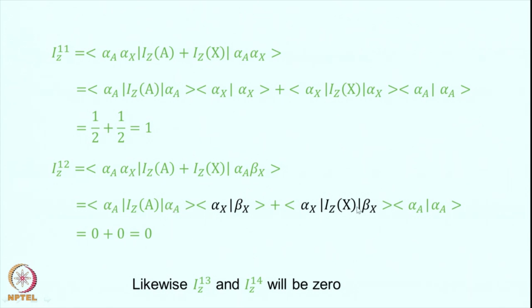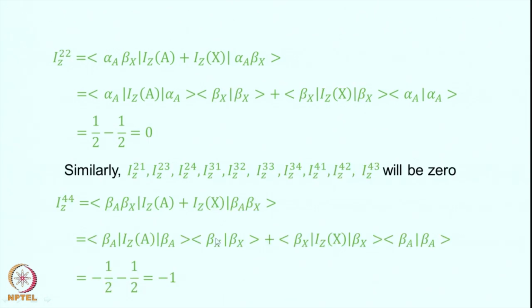On the other hand here, this gives me 1 and this gives me 0 again, because this is minus half beta X, and alpha X, beta X gives me 0. Therefore both these terms actually become 0 and vanish. And likewise Iz13 and Iz14 will be 0. So let us do the same thing for Iz22.